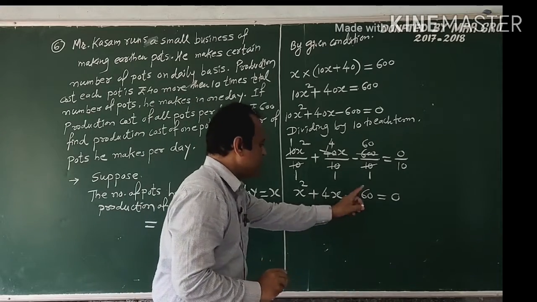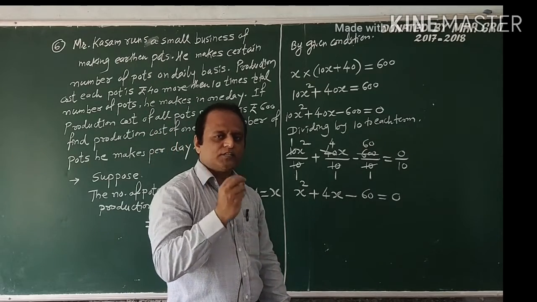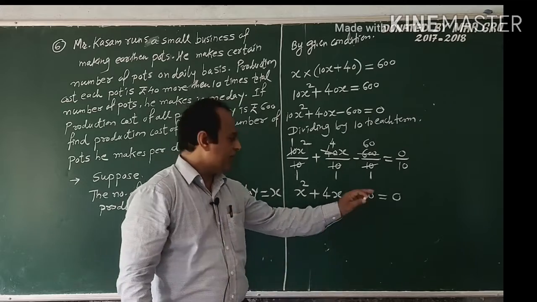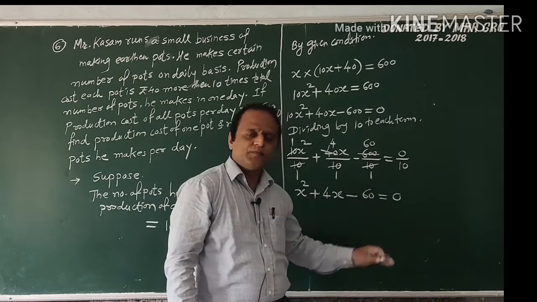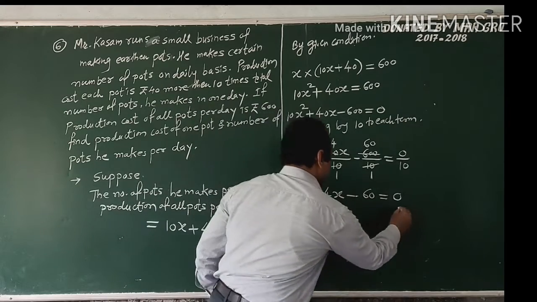Now look here, minus 60 is there. We have to find two factors in such a way that when we multiply we get minus 60 and when we add we get 4. It is very simple.